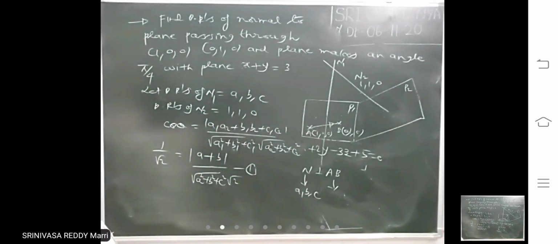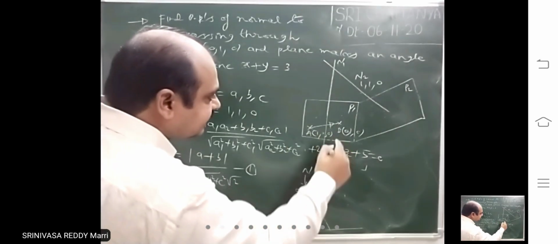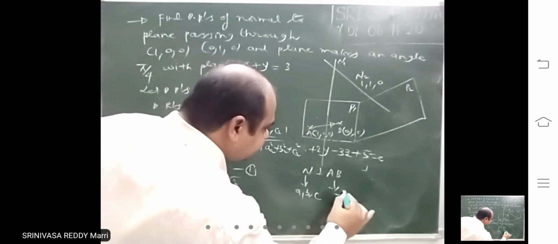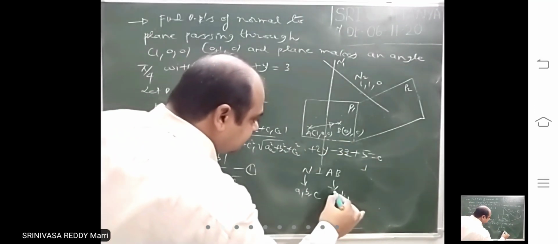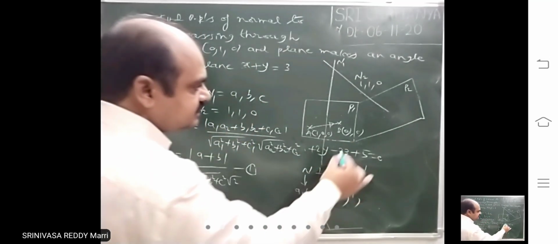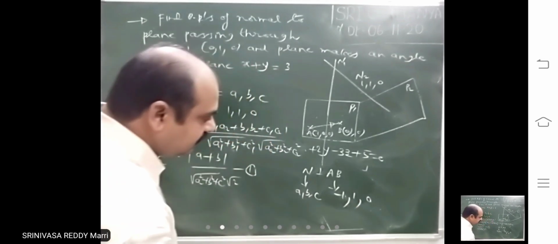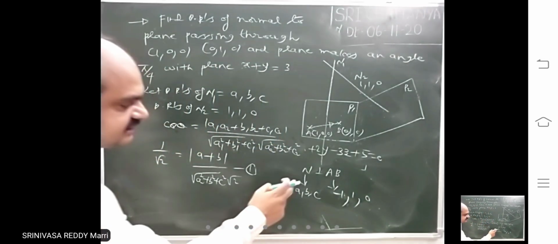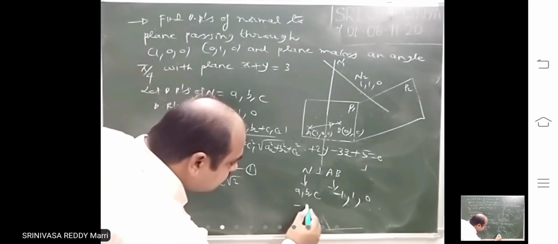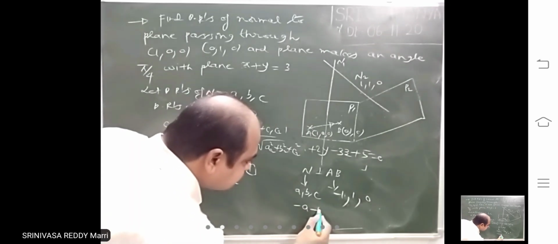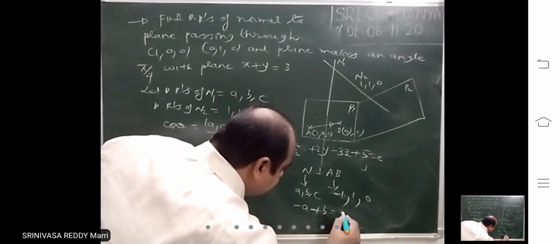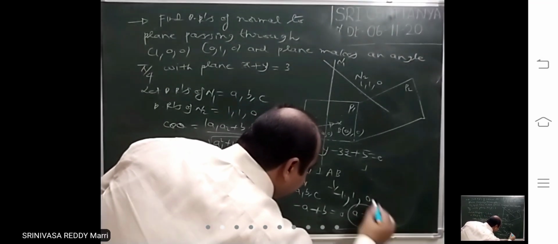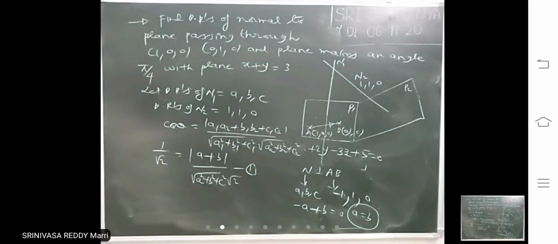The DRs of AB are nothing but 0 minus 1, 1 minus 0, 0 minus 0, that is minus 1, 1, 0. N perpendicular to AB means these two are perpendicular. So minus A plus B equal to 0, so A equal to B.